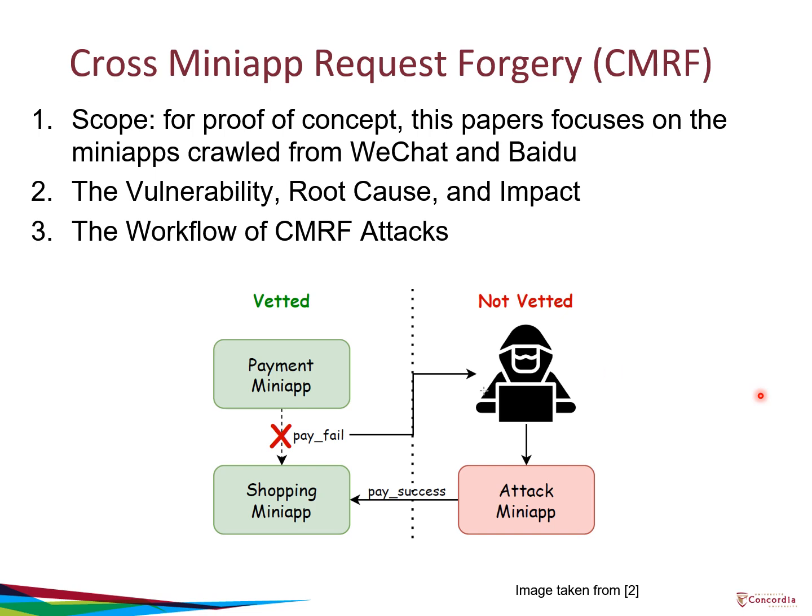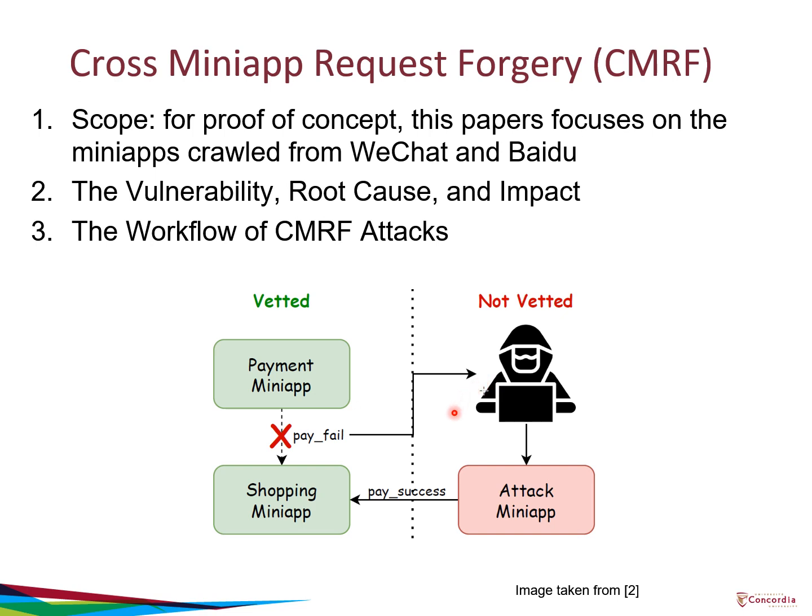So in number 3, we have the workflow of the CMRF attack. Whenever a receiver Miniapp does not check the application ID of the sender Miniapp, this Miniapp could be vulnerable to a cross-Miniapp request forgery attack.